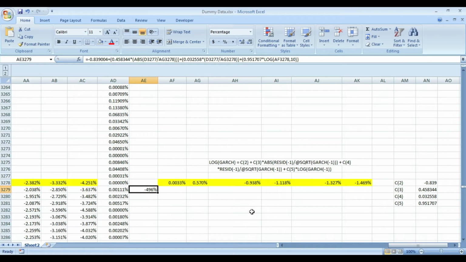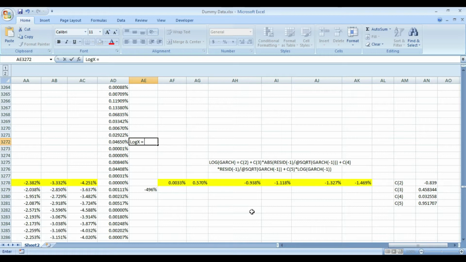Now log of any number, say log of x, is simply, if I convert this into index form, say for this my base is 10, log of x has a base of 10, say for example, then 10 to the power of x will simply be its index format, right?